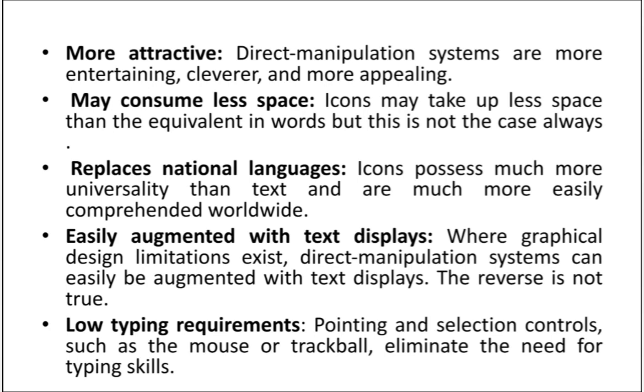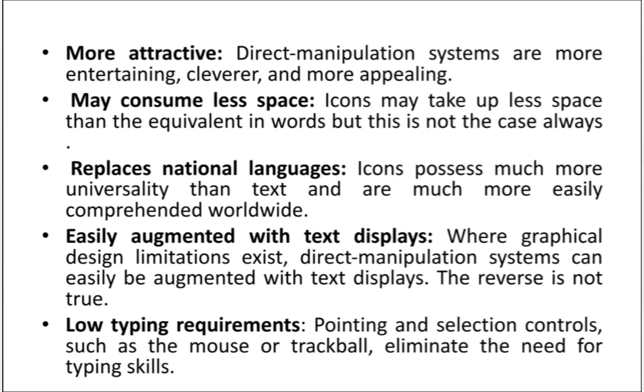And you can easily augment text displays. That means you can convert the text into image format. That is also possible. So text can be converted into graphical format, right? So if you click on that particular text display, whatever the assigned actions will be there, those assigned actions will be executed.